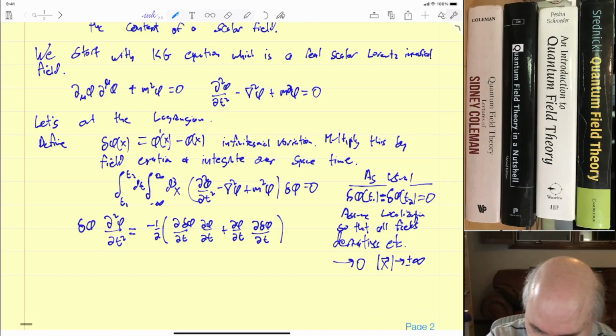And you can see this just by imagining you integrate this by parts. The integral of u dv, and we get a minus sign which cancels this minus sign, and we'll get delta phi times the second partial of phi with respect to t.